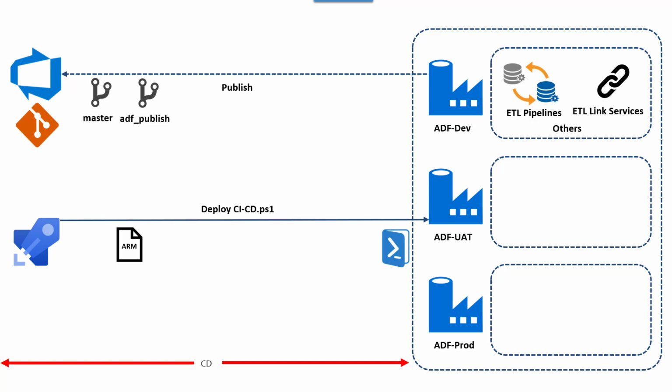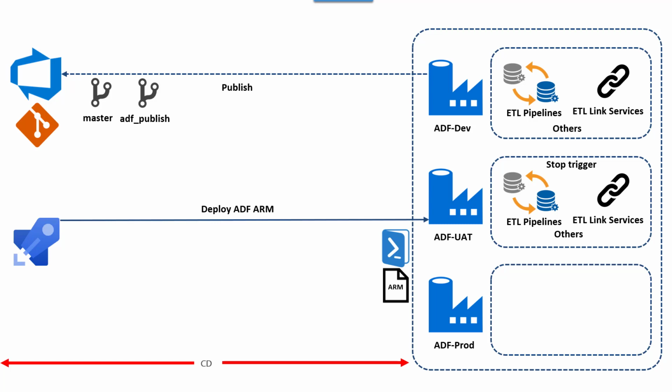Using this PowerShell script, I will stop the trigger in this environment and then deploy the ARM template to this environment and then execute the ARM template, which will create all the pipelines, linked services, triggers, and all other components, and then do the same for the production environment.